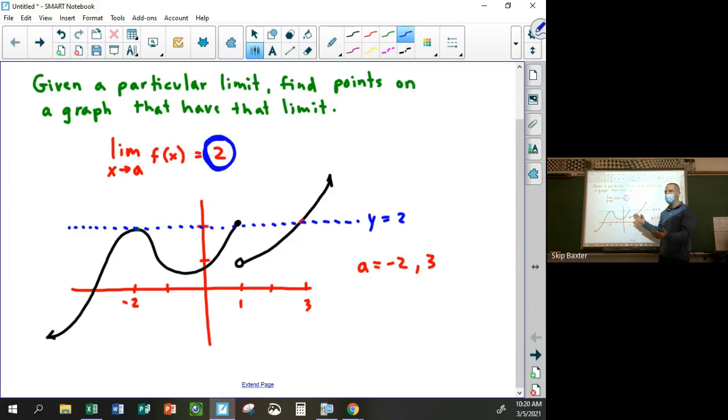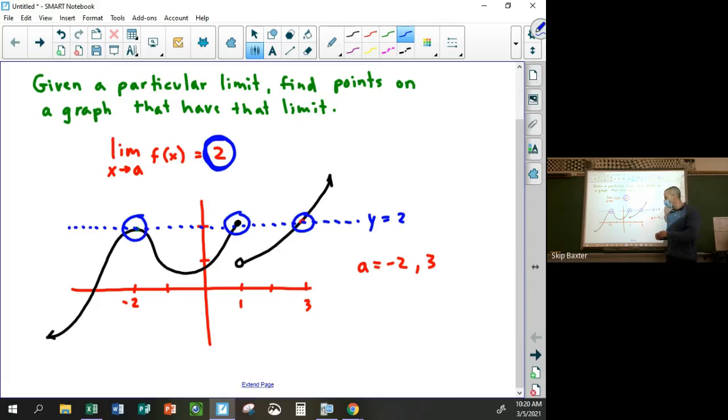Those are potential candidates where this might be true, right? The function has to somehow intersect with this dotted line in order for the limit to equal 2, right? So basically there's 3 potential candidates in this case. There was this point, this point, and this point. But we deduced that this one actually is not true, right?